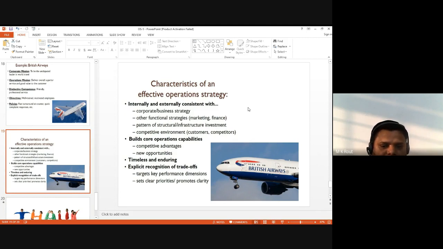They also focus on timeless enduring and explicit recognition of trade-offs. That means if you compromise on quality, price, dependability or flexibility, it also increases the target key performance dimension, and you set clear priority and promote clarity, which is included in the best areas.